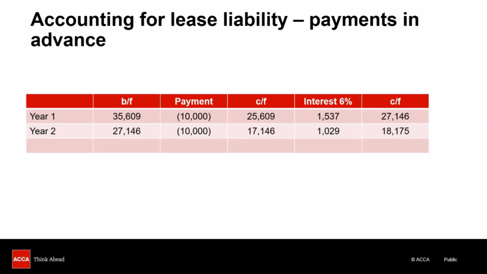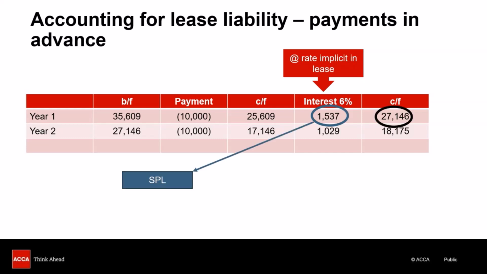Same method is followed in the next year also, and we get the carried down balance of 18175. Now, in this case also, the interest rate implicit in lease was 6%. This is the amount which is going to be shown as an interest expense in the statement of profit or loss. And this carried down balance, which is 27146, needs to be shown as a liability.